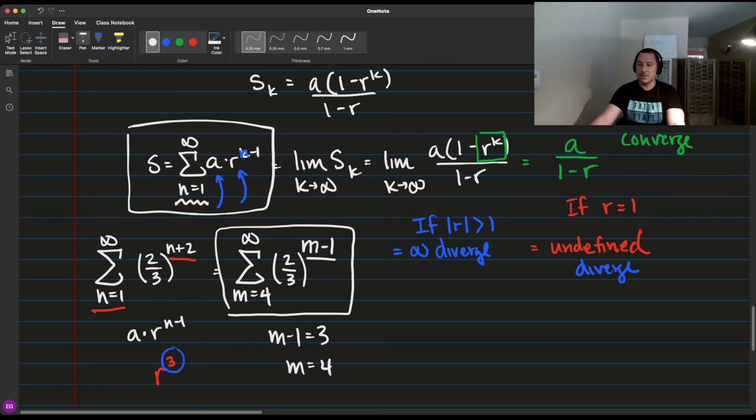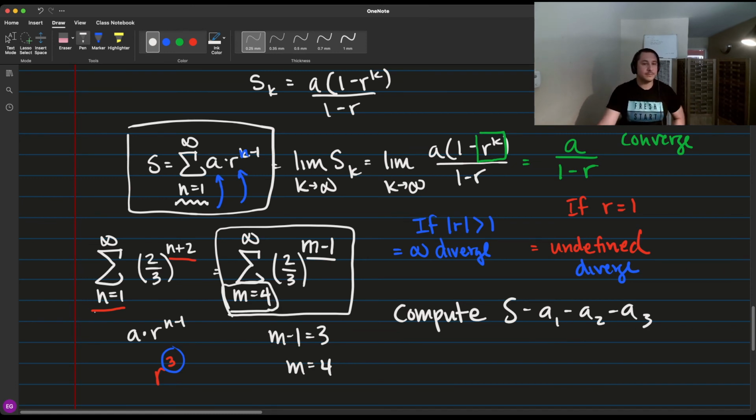So what you would do is compute S, and then you'd have to subtract A1, A2, and A3 because they're not included in this one because it starts at the fourth term. That's one way you could do it.